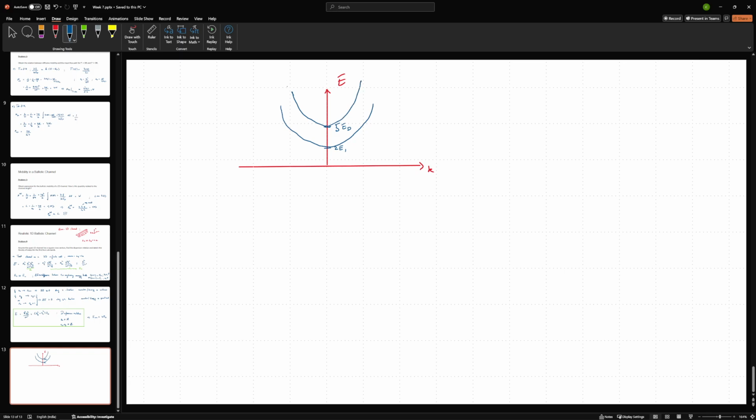So it's going to go up like this. And then I will have successive parabolic bands, successively upward shifted.